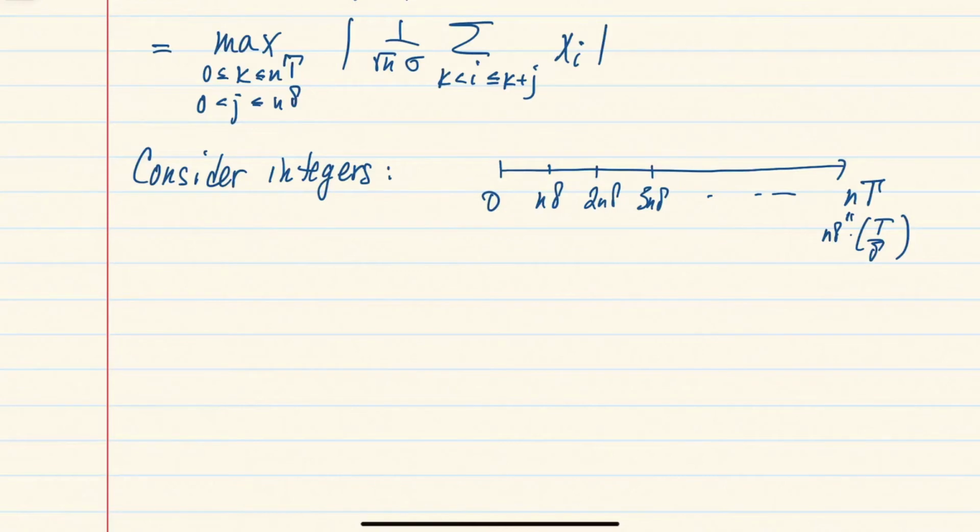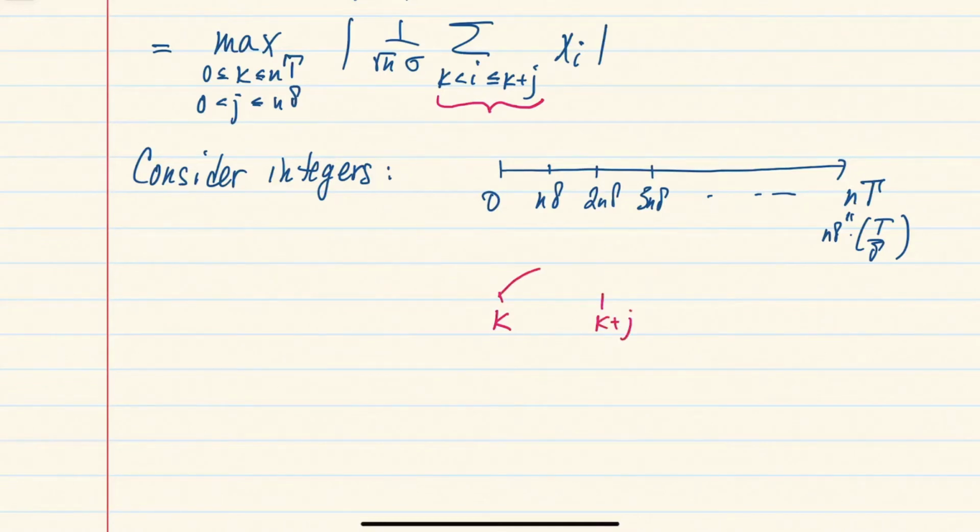Okay, so here we have T over delta terms. We split this interval into intervals of length n delta. Now, when we look at this sum here between k and k plus j, so j here is on the scale n delta. Okay, so let's kind of zoom in and consider the sum between k and k plus j.